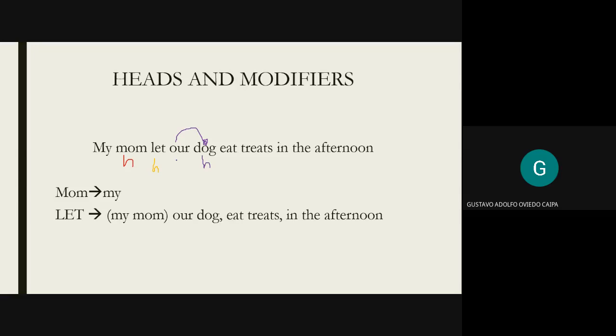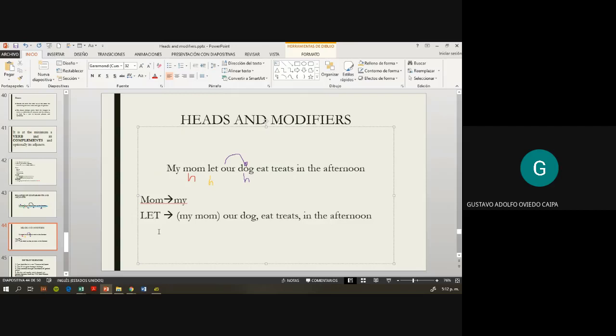Nothing else, just our. So let me go back. So dog, modifier, our.